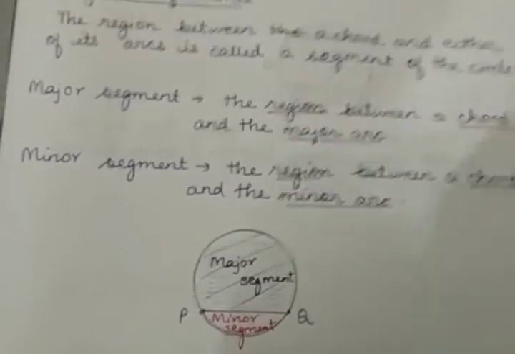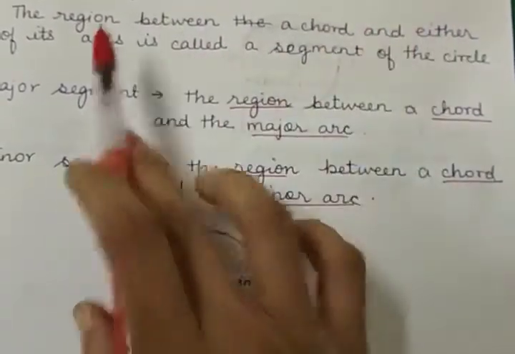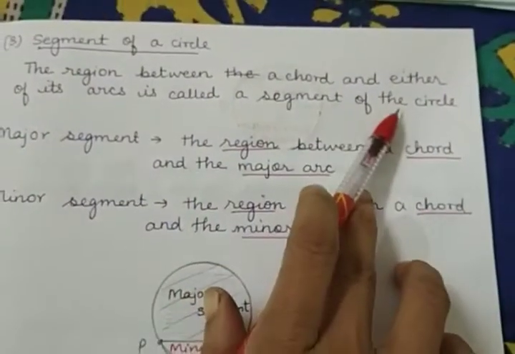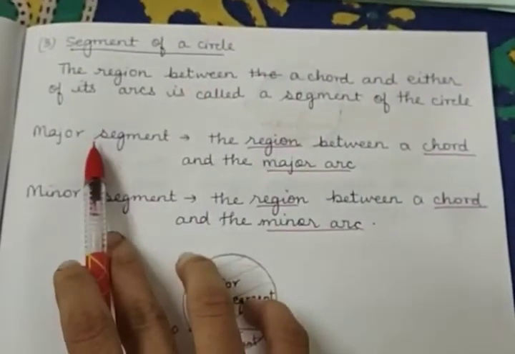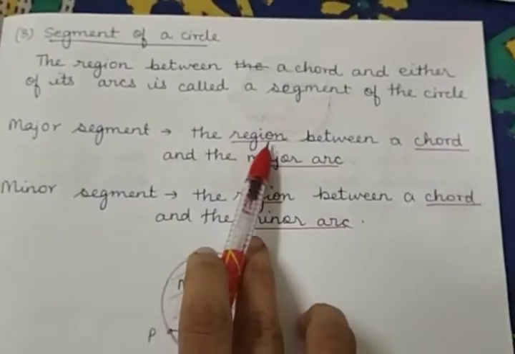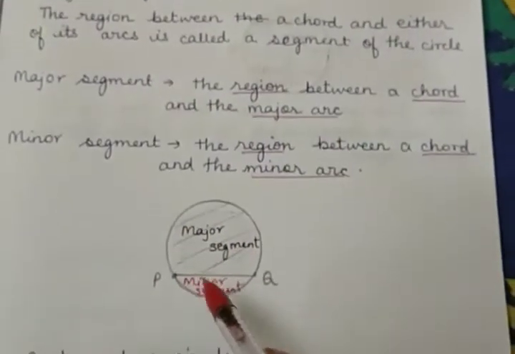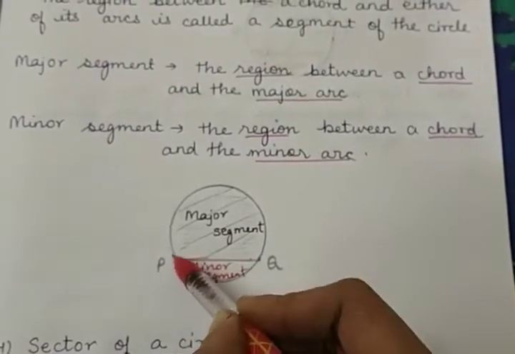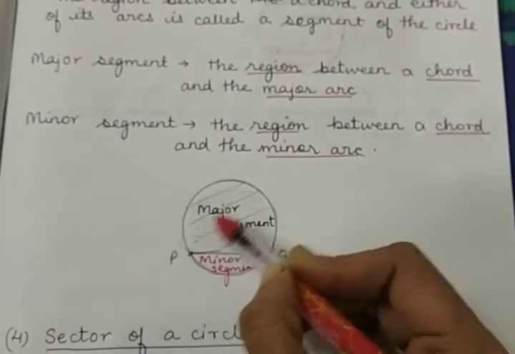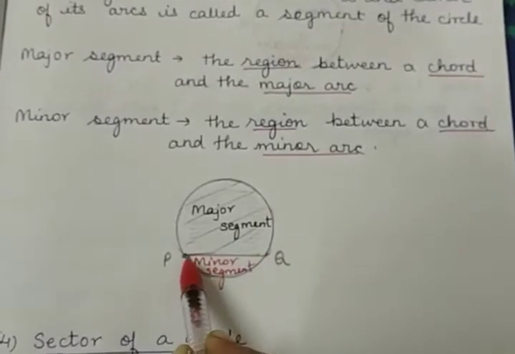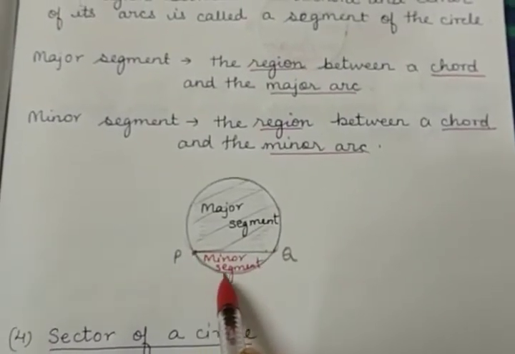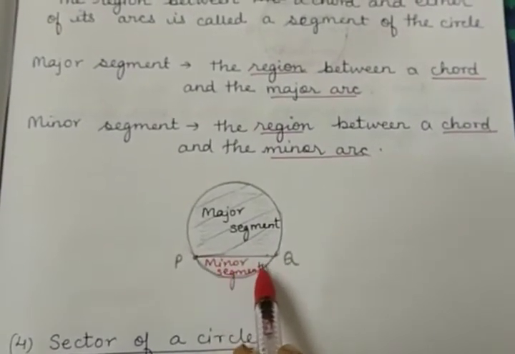The region between a chord and either of its arcs is called a segment of the circle. The major segment is the region between a chord and the major arc, and the region between the chord and the minor arc will give you the minor segment.